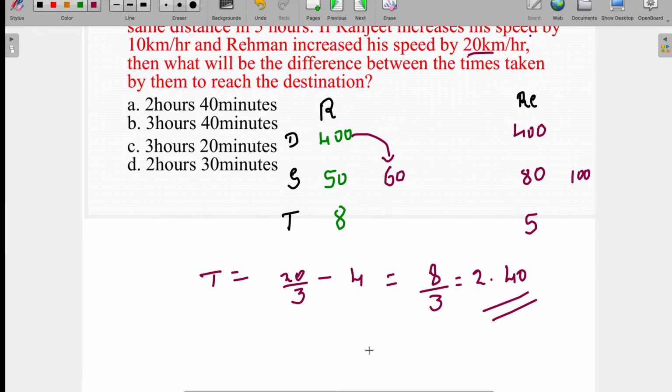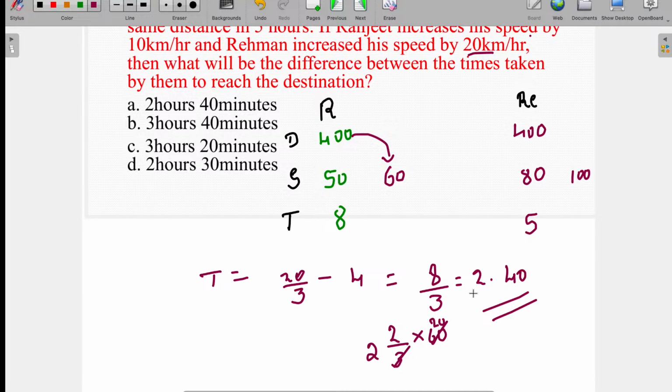Remaining you have 2 by 3 hours, but the options are in minutes. How to convert 2 by 3 to minutes? Multiply by 60. 3 ones are 3, 3 twenties are 60, 20 into 2 is 40. So 2 hours 40 minutes is the difference.